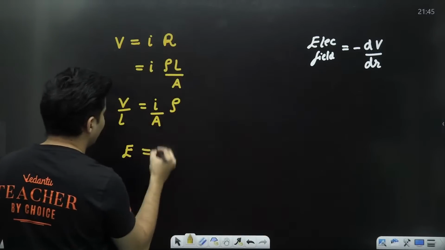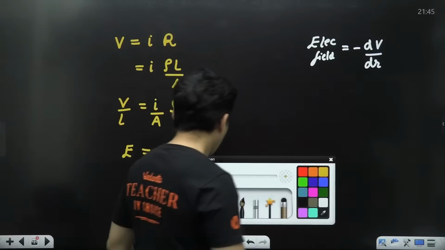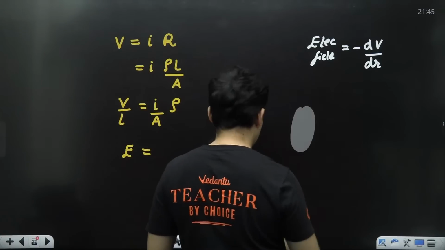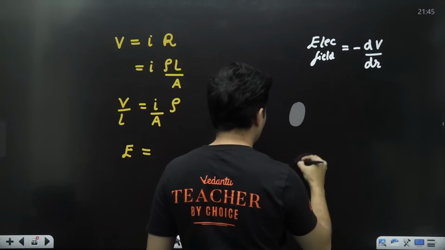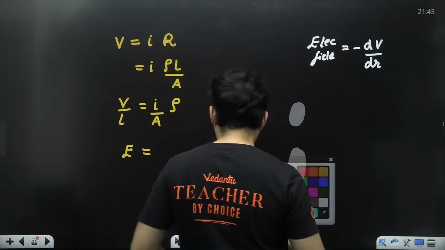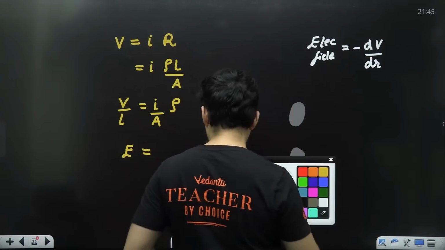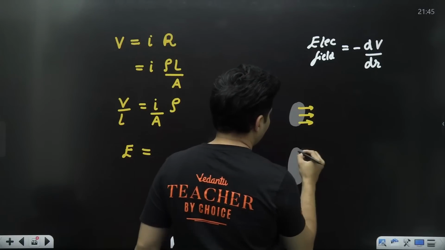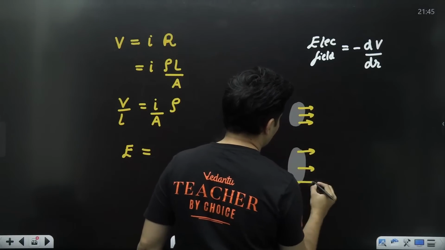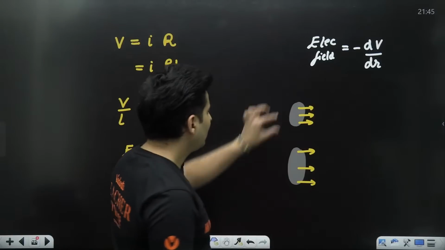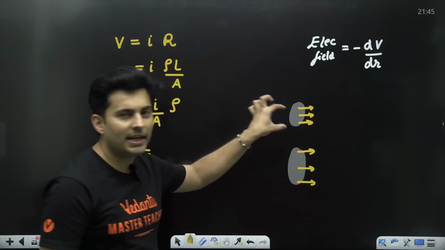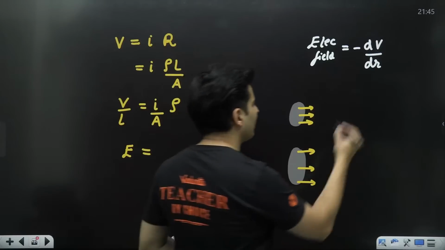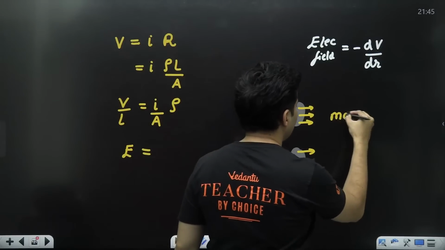What is this current per unit area telling me? If you have a cross section in which some current is flowing, versus the same current flowing through a larger cross section, here the current per unit area is more, here the current per unit area is less. So I get a term called current density.